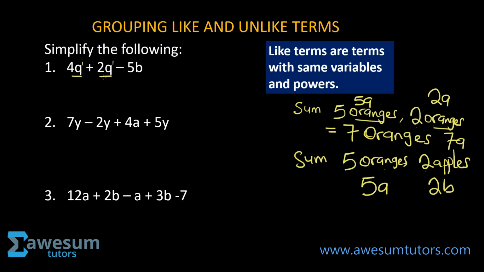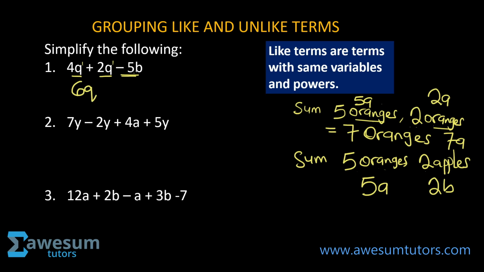And this minus 5b is the unlike term. So we can add like terms with like terms. 4q and 2q, we can add them. 5b can never be added to this. 4q plus 2q will give you 6q.